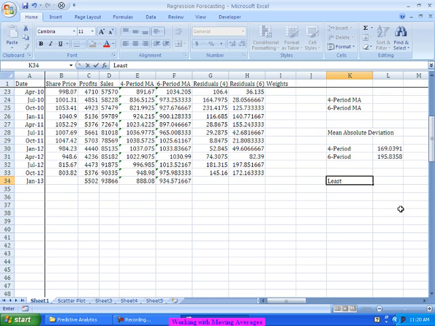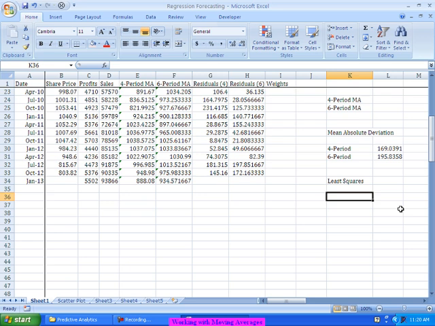Alright, so the next thing we will look at is another mechanism apart from mean absolute deviation, which can help us evaluate which time period or which period moving average is more appropriate. This method is what we call the least squares method.